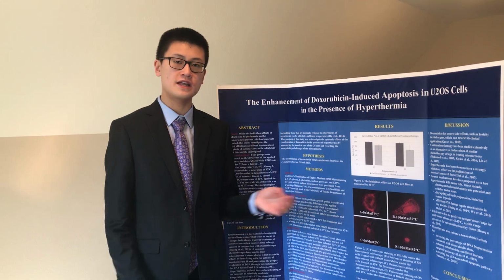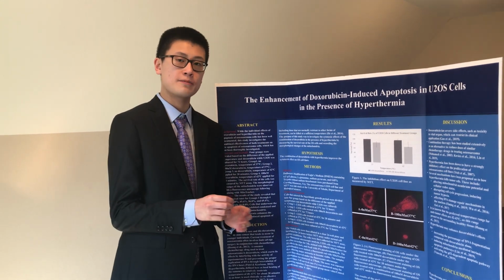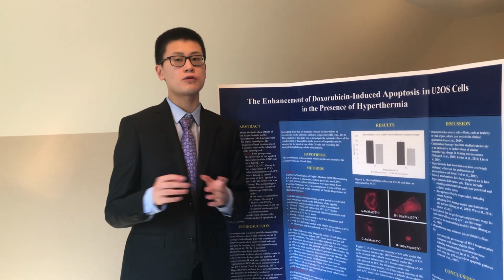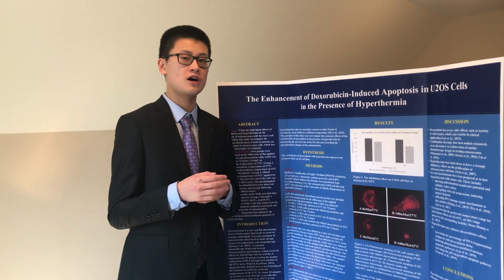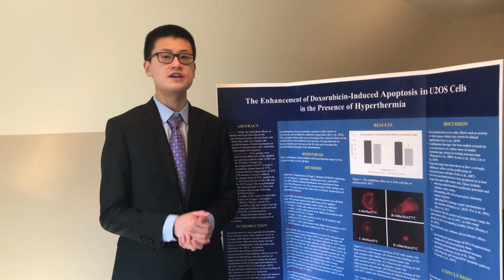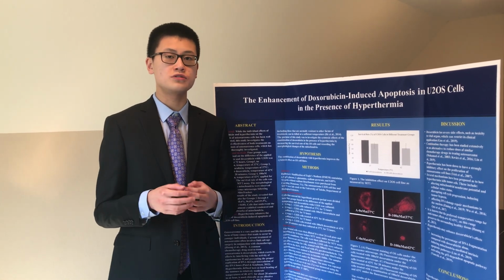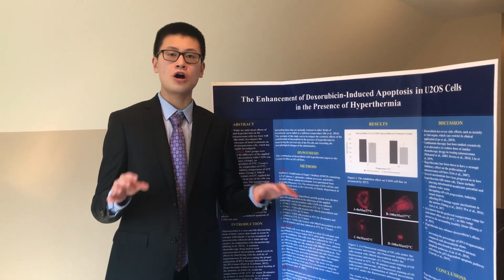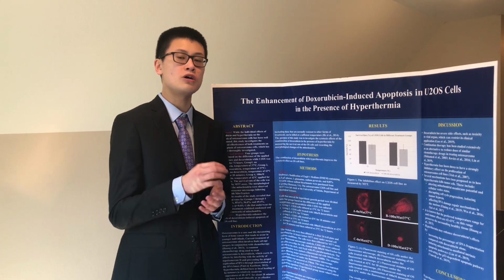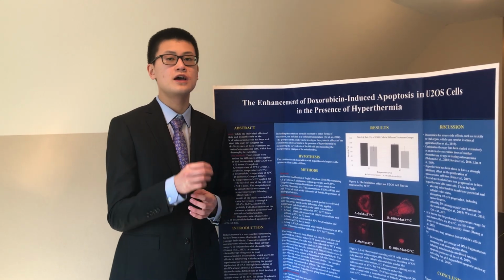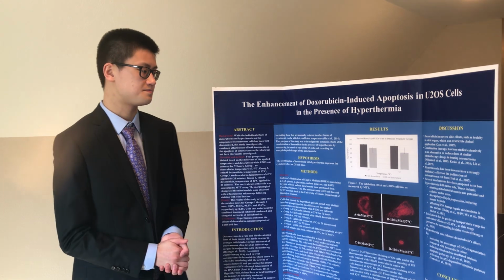Now, it is also known that the preferred temperature range for hyperthermia is roughly 42 to 43 degrees Celsius for a duration of 20 minutes to an hour. And it is these conditions that have been shown to be beneficial to other cells, as in they don't harm healthy cells while also maximizing the effectiveness onto tumor cells.